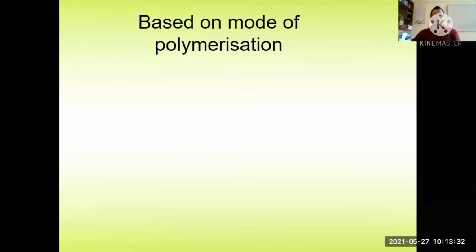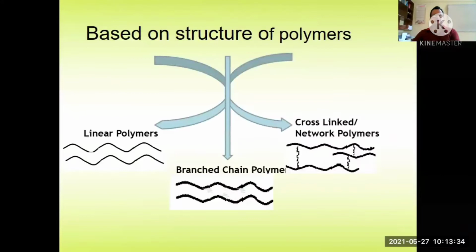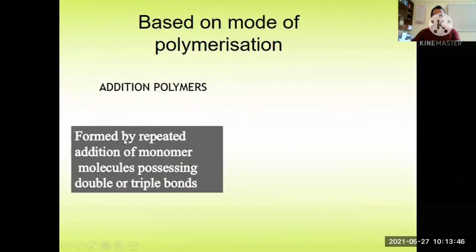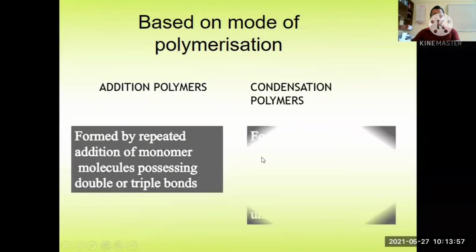So here I go. Based upon polymerization, we can distinguish polymers as addition polymer and condensation polymer. Addition polymer is formed by repeated addition of monomer molecules possessing double or triple bond. So here no byproduct is formed. And in condensation polymerization, what happens?